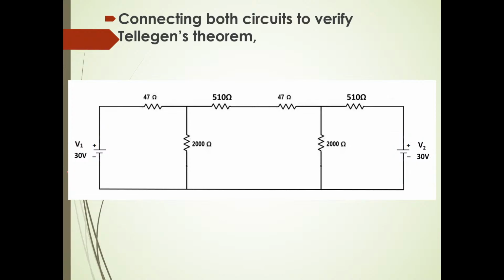So there are two voltage sources connected here, one on one end and another on the other open end. One of the open ends has been short circuited here. Across the other two open ends, we have connected the two sources V1 and V2.